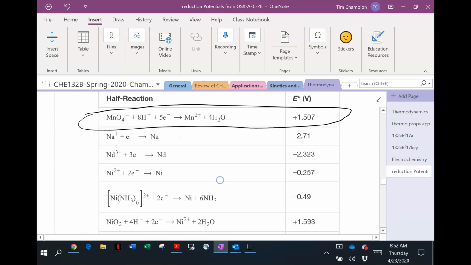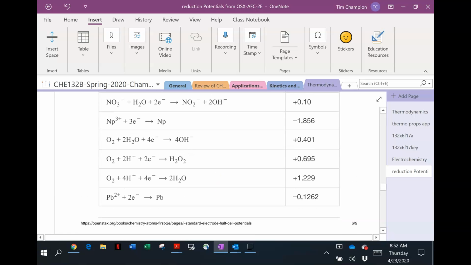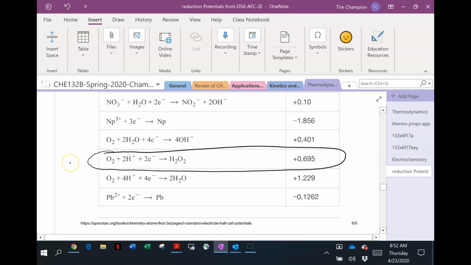So if I look at my oxygen here, here is hydrogen peroxide as a product in an oxygen reaction. So I think this is more the one we want, where we're getting O2 plus H2O2. And this hydrogen peroxide is the product of a reduction. So we turn it around. That's the oxidation, right?